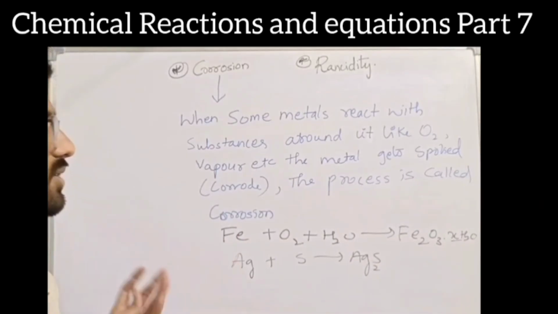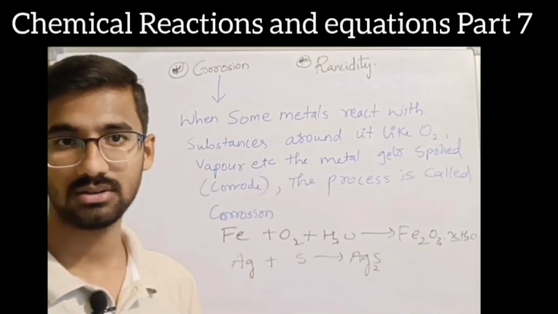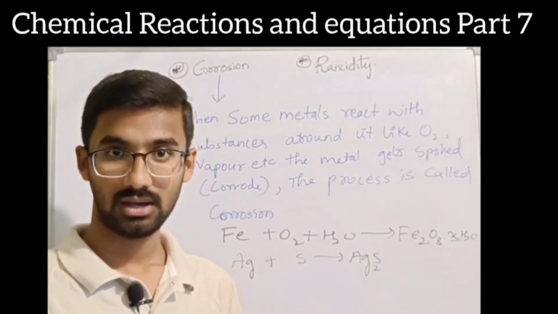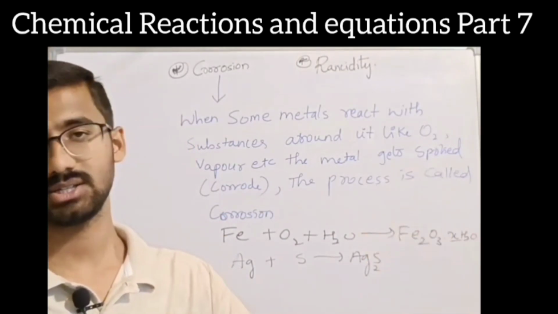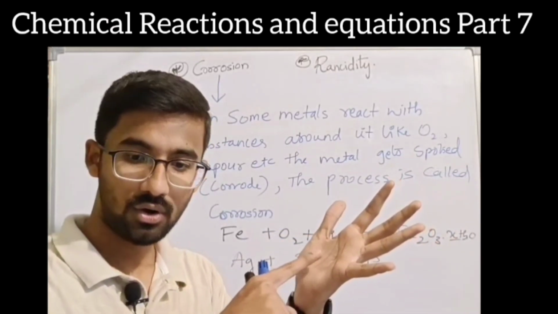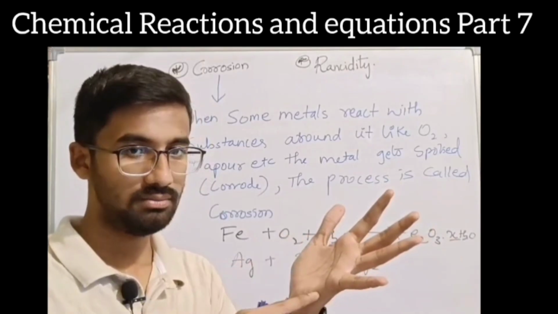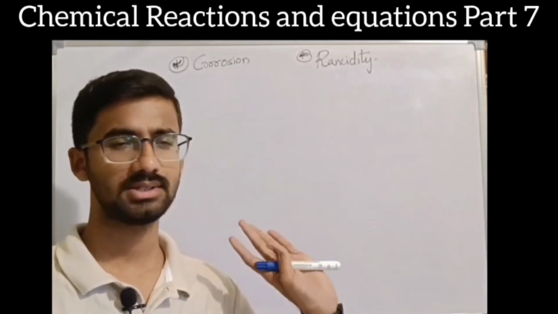What is corrosion? Corrosion is when metals react with their surroundings, like oxygen and vapor, and the metals are spoiled. The spoiled area is called corrode, and that process is called corrosion.